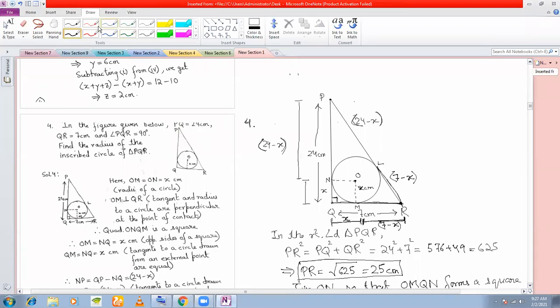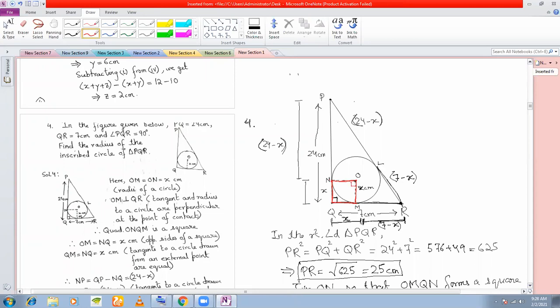Because this forms a square, right? Sir, to prove a square, we have to prove all the angles 90. Adjacent sides are equal. This is a square, right? Yes, sir. I've already told you how to prove that this is a square. So once you know this is a square, all the angles will be 90. So this angle will also be 90.